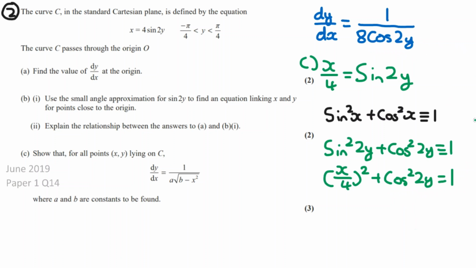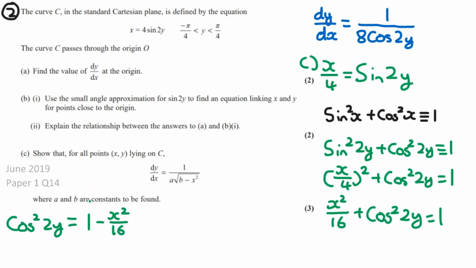So we can make the substitution here for x. Firstly, we can expand the brackets here with this squared, so it's going to become x squared over 16 plus cos squared of 2y is equal to 1. We can move this x squared over 16 onto the other side to get that cos squared of 2y is equal to 1 minus x squared over 16.